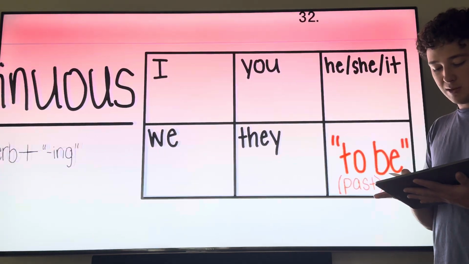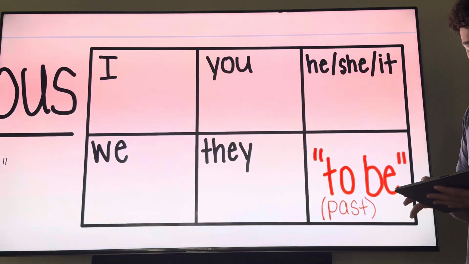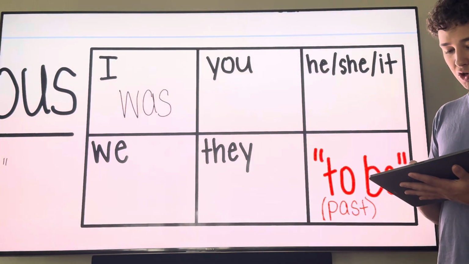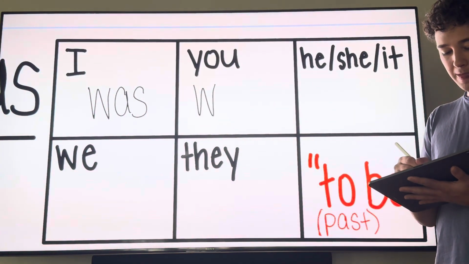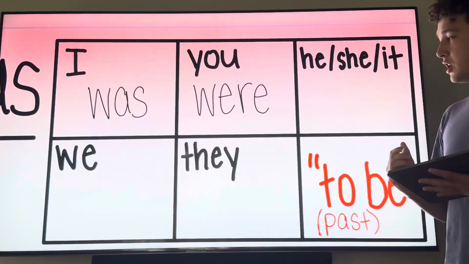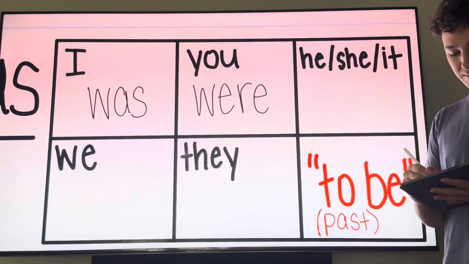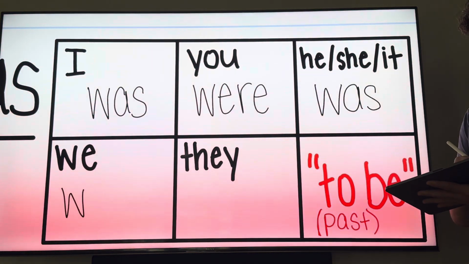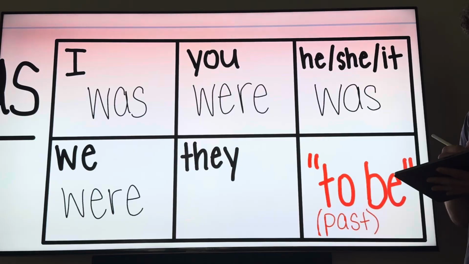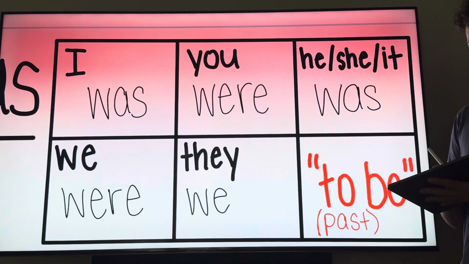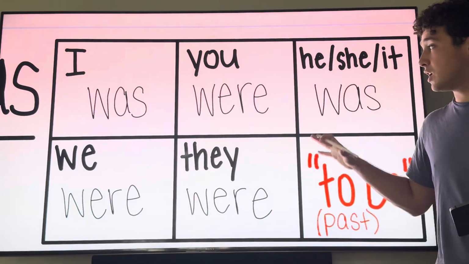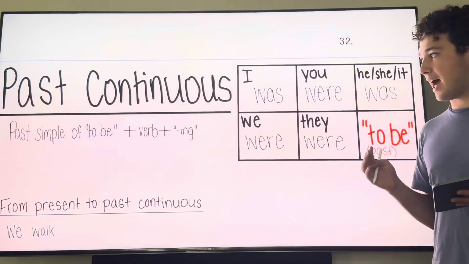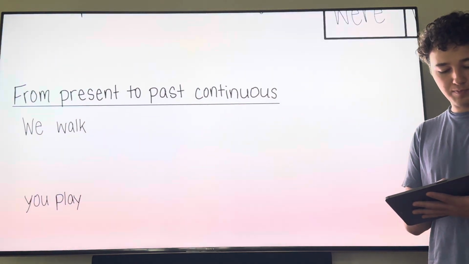We know the past simple form of to be is I was, you were, he, she, or it was, we were, and they were. So you take one of these conjugations, then you add the verb and add ing. So let's look at a few examples.